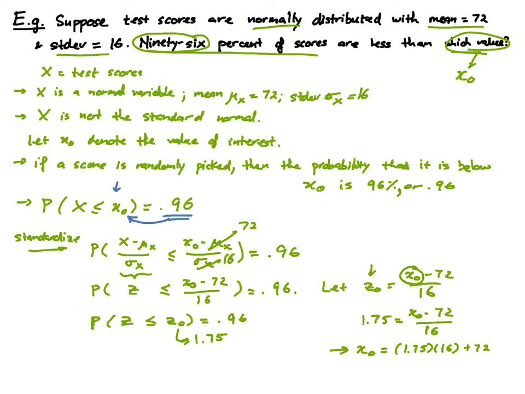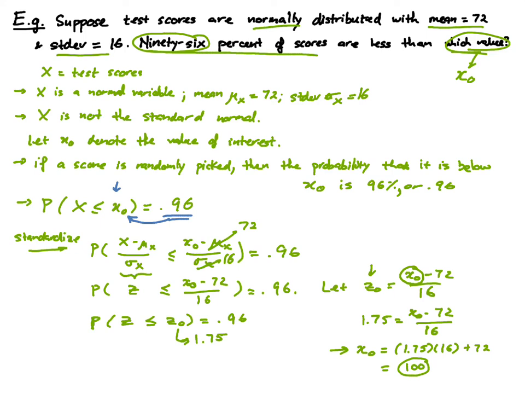If you do the math here, you're going to get 100 as the answer. So what does this mean? This means that 96% of the test scores are less than 100.